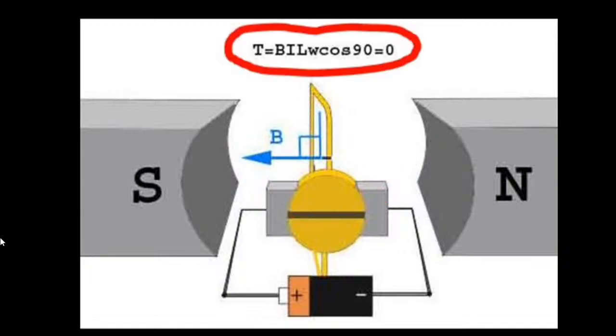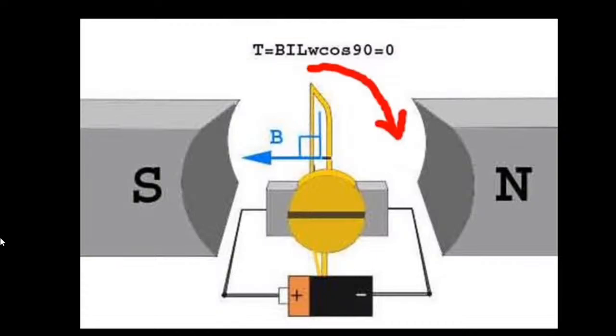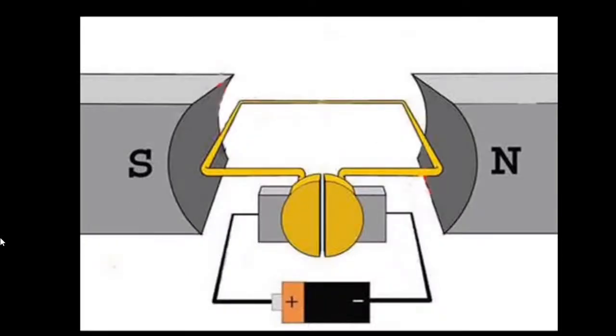Hence, there is no force acting on the conductors, but due to moment of inertia, the turn continues to rotate and comes horizontal again. But the position of the conductors has been interchanged here. That means the conductor which was previously at left position comes to right position, and which was previously at right position comes to left position.